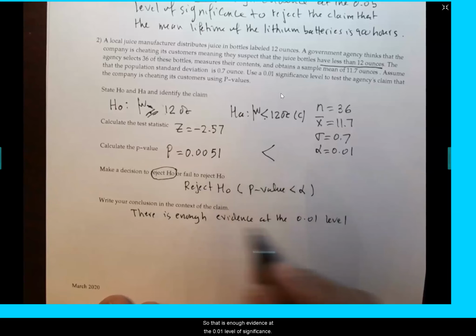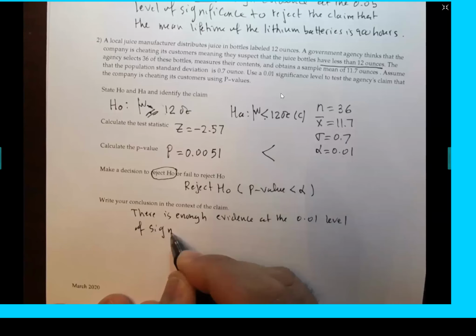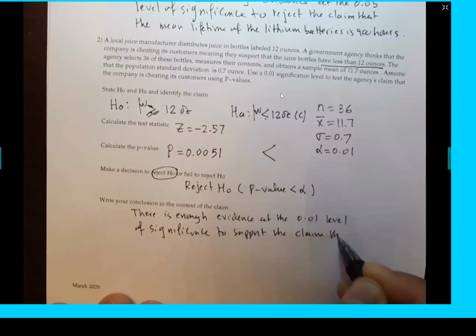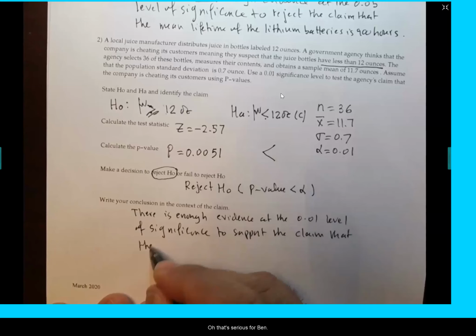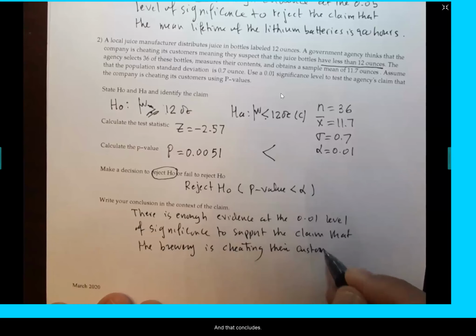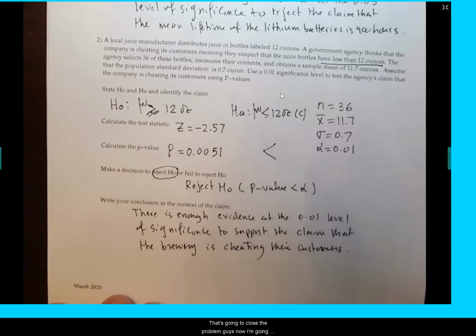So there is enough evidence at the 0.01 level of significance to support the claim that the brewery, oh, that's serious for them, is cheating. That means, yeah, probably they are cheating their customers. And that concludes the problem, guys.